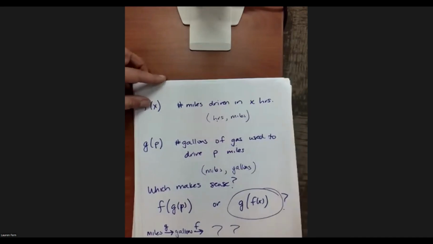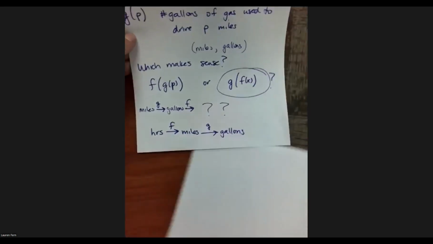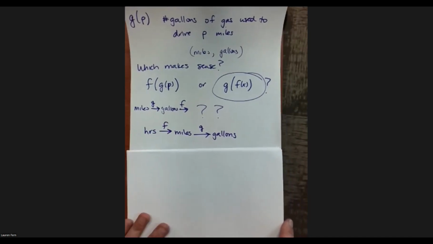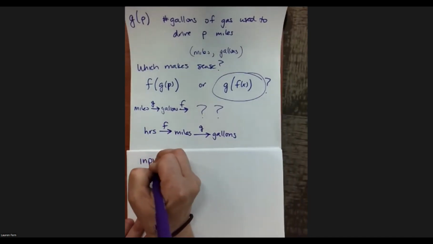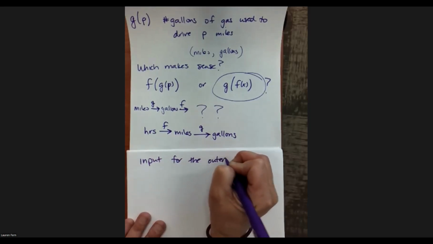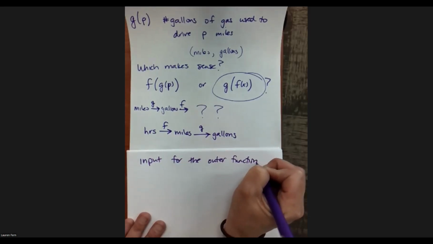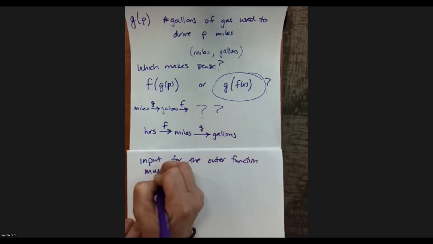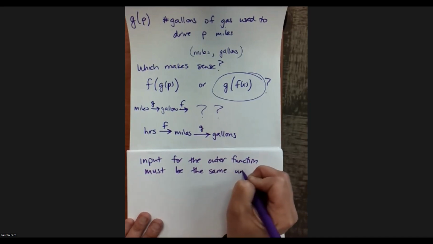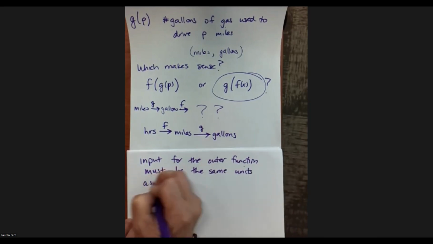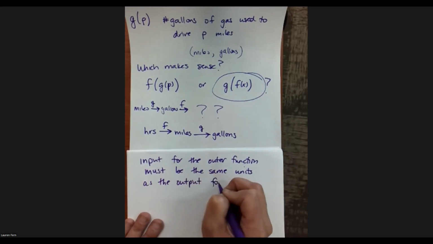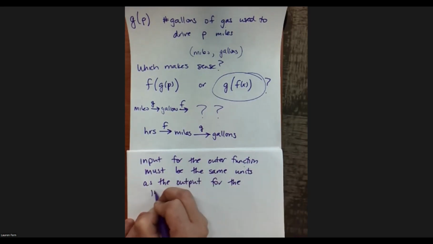What I want to tell you is when you're doing these composition of functions and they're in the version of a story problem, the input for the outer function must be the same units as the output for the inner function.